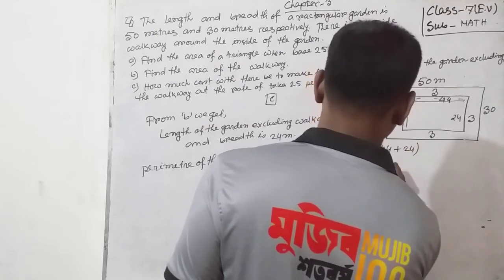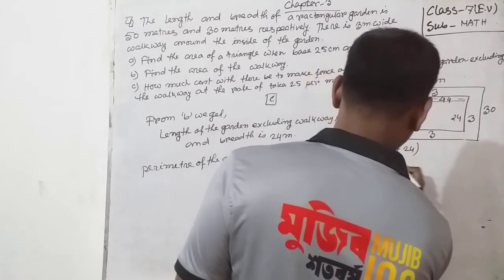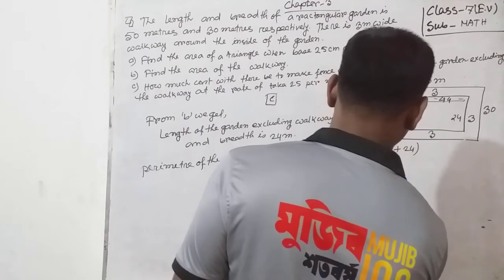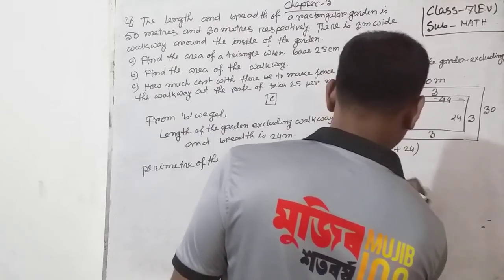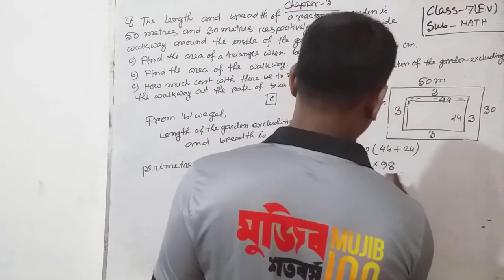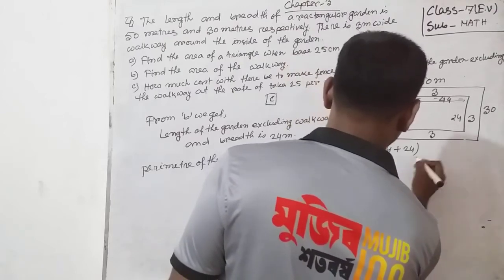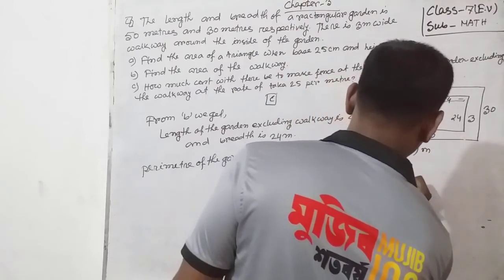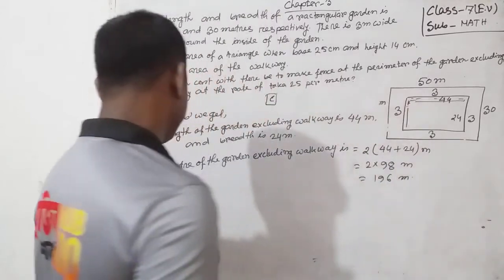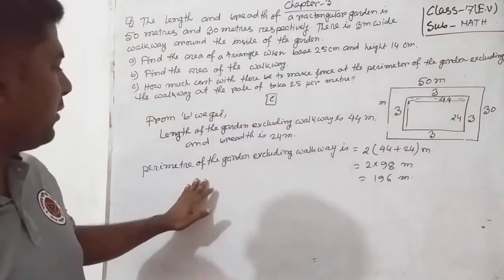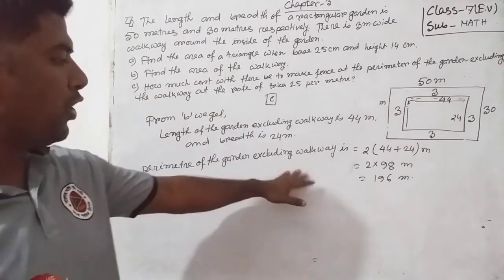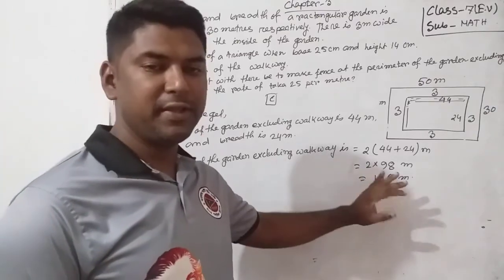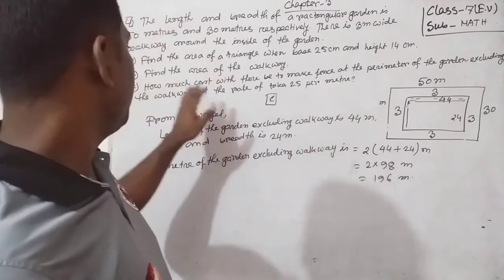So we get 196 meter. So we find out the perimeter of the garden excluding walkway is 196 meter.